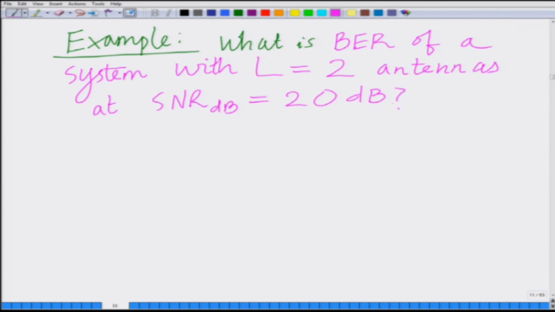The question that we are asking is what is the bit error rate in this wireless communication system which has L equal to 2 antennas when the SNR in dB equals 20 dB.